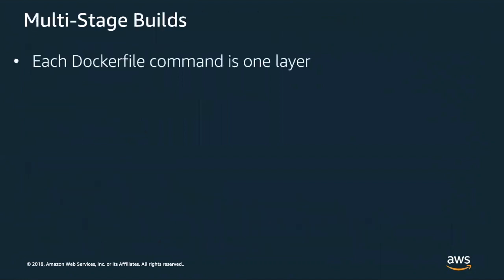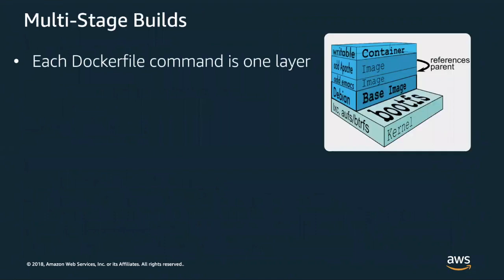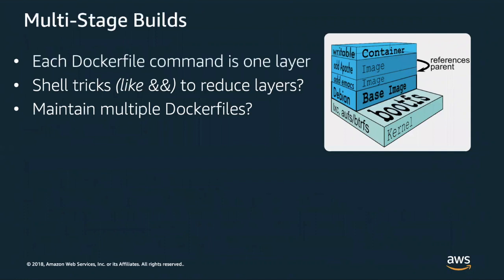When you go about actually building your containers out, each Dockerfile command is an individual layer. There are ways and means of reducing them. You probably don't necessarily want to go maintaining multiple Dockerfiles unless you're building multiple versions of a containerized app that's using the same tooling.